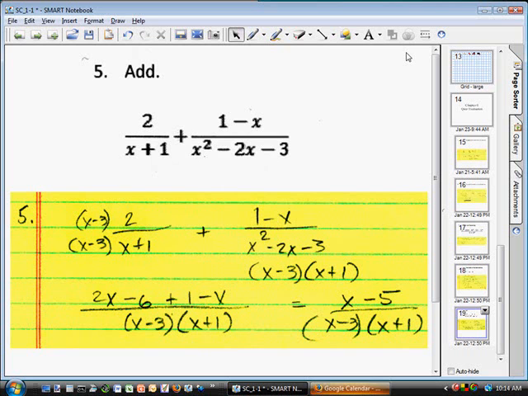Turns out factoring is fairly easily available: x minus 3, x plus 1. So now you can see, I think, that the least common denominator is x plus 1, x minus 3. The first fraction is only missing an x minus 3. The second fraction is missing nothing, so we don't need to do anything over there.